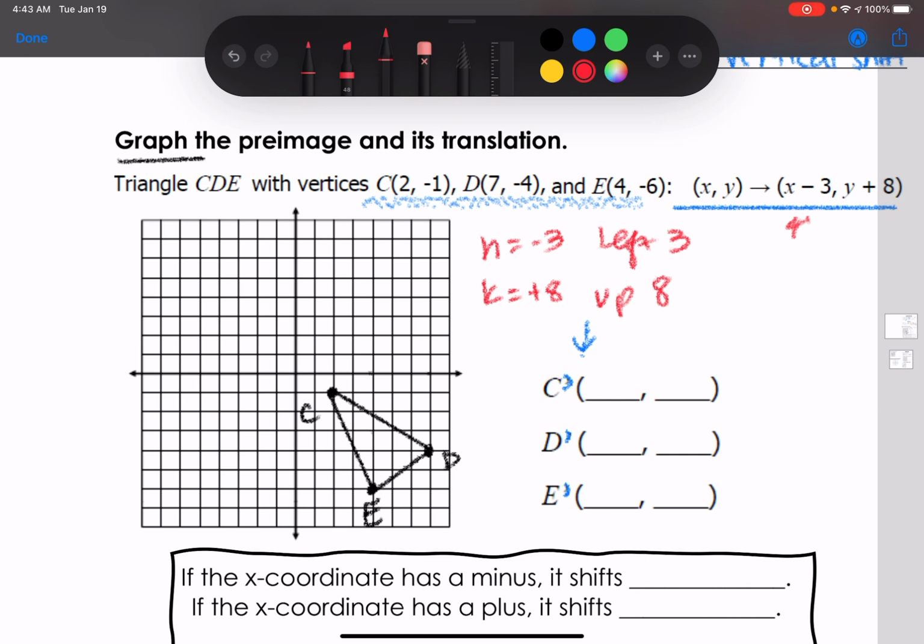So we're going to go left 3, and I'm going to work with C first. 1, 2, 3, and then up 8. So 1, 2, 3, 4, 5, 6, 7, 8. All right, and we're going to label this C prime. And we got that it's at (-1, 7).